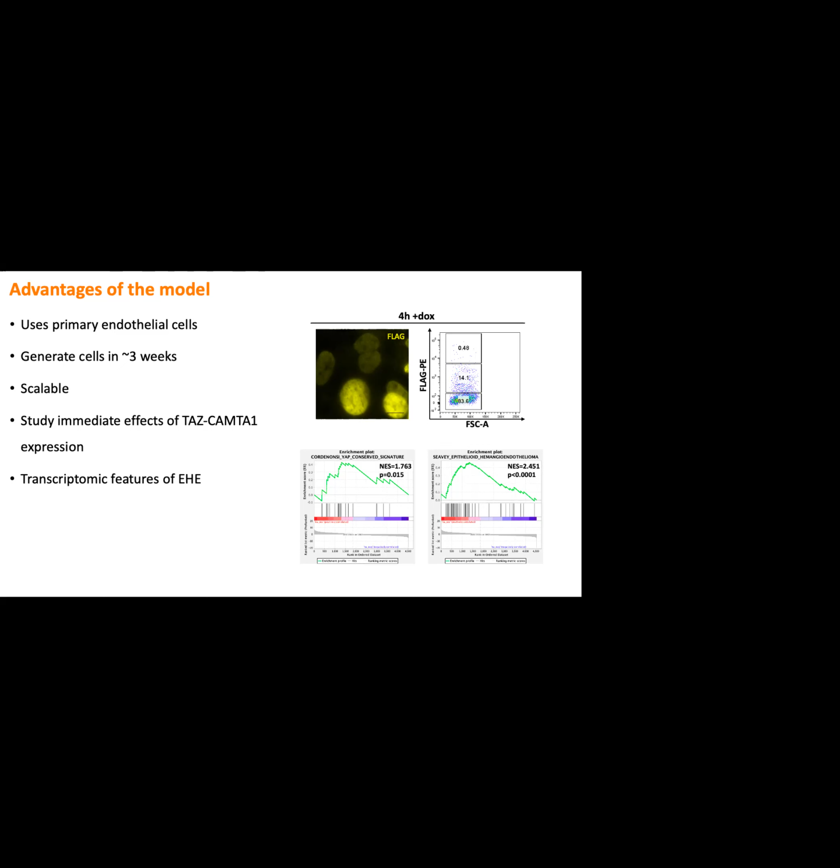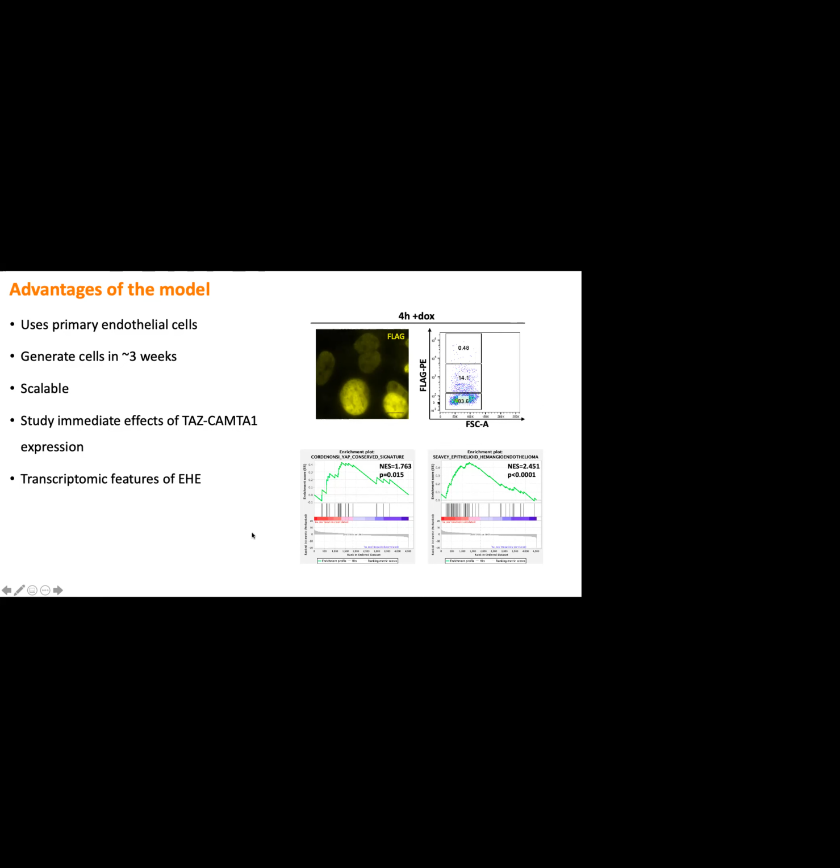Likewise, you can study the effects of TAZ-CAMTA1 immediately upon its expression. These IF images and some flow cytometry on the side here are just 4 hours after I added doxycycline to some endothelial cultures, and you can see strong nuclear expression of TAZ-CAMTA1, and again by flow cytometry here.